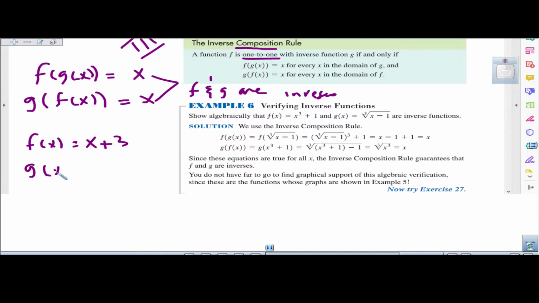And g of x is, I'm going to say 3x plus 2. Okay? We need to find out if these two functions are one-to-one inverses of each other.